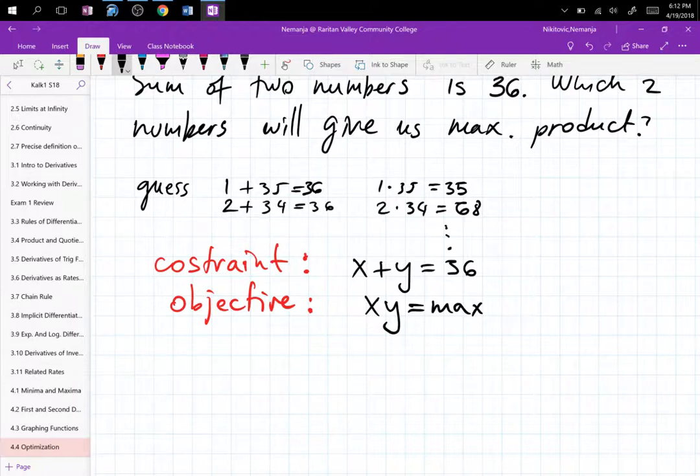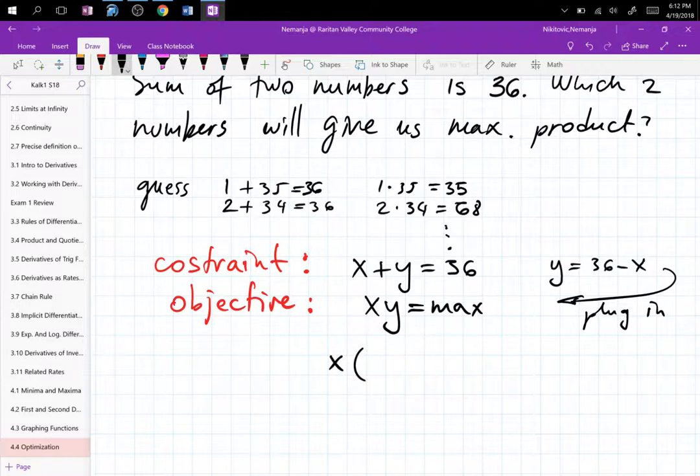So what's the procedure and process? You will always solve for one of the variables in the constraint and plug it into the objective to kill off a variable. y equals 36 minus x. Plug in. So we get x times (36 minus x).